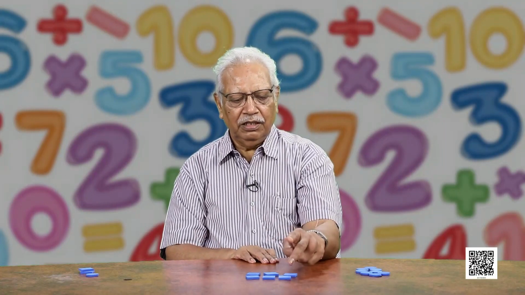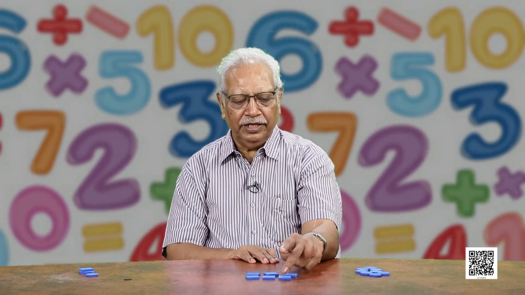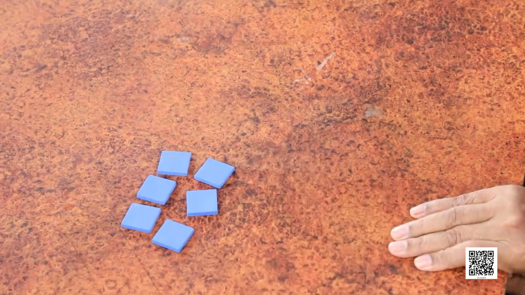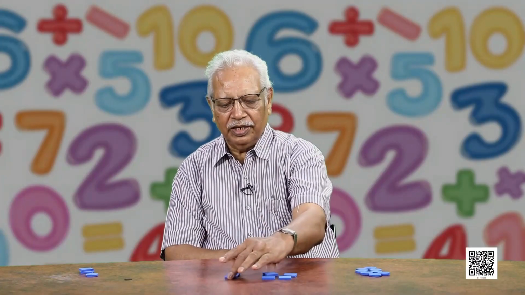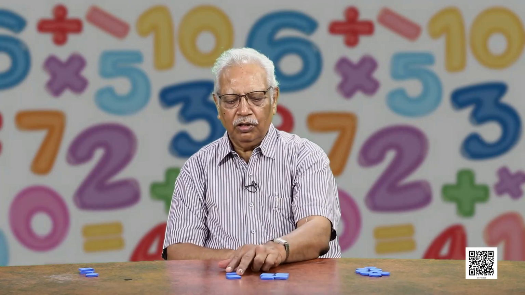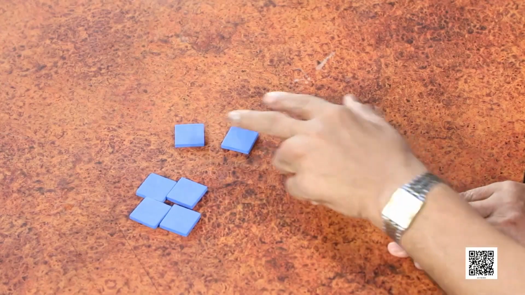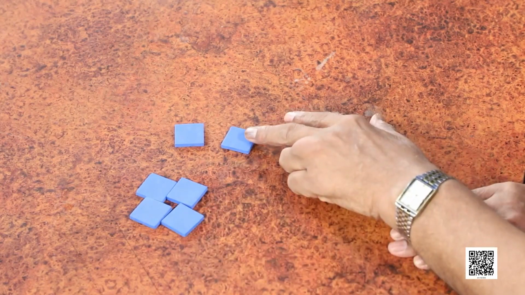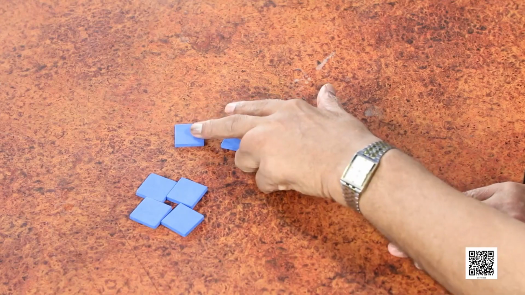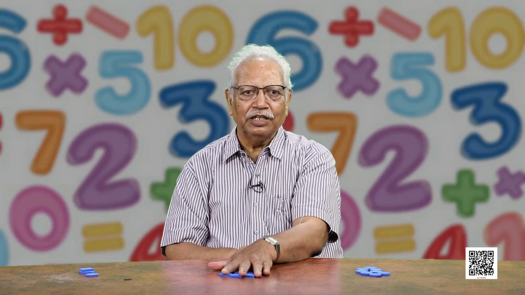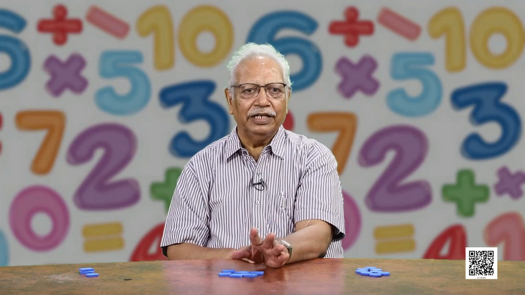We can count for adding 1, 2, 3, 4, 5, 6, or we can count further from 4 to 5, 6. We know these are 4, so we count further from 5 to 6. So, that way we can add many things, numbers up to 9.